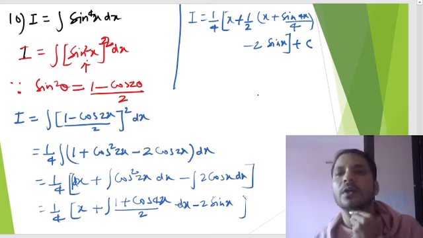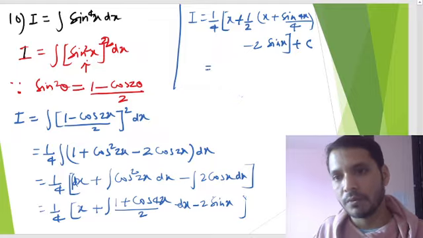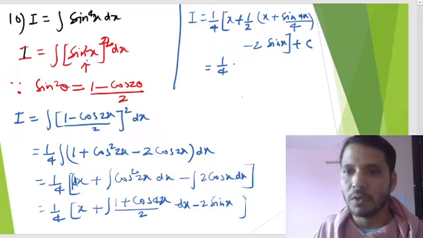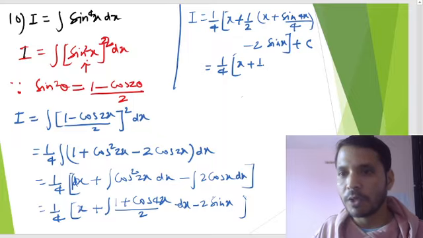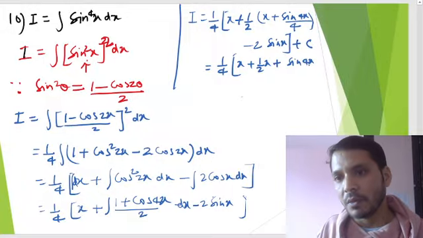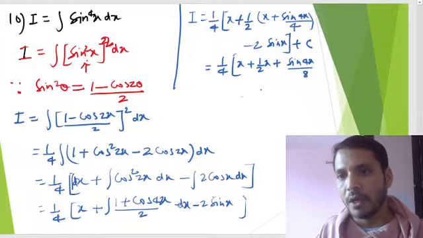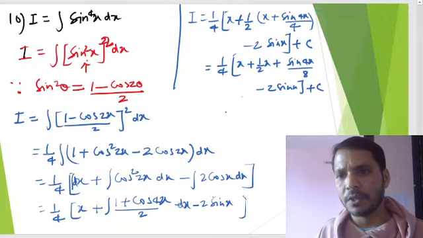Right, now if you multiply it with the outside number, let 1 by 4 be common. Here we will write x and plus 1 by 2 times x, and then plus sine 4x divided by 8, right, and minus 2 sine x. And then at last plus c.